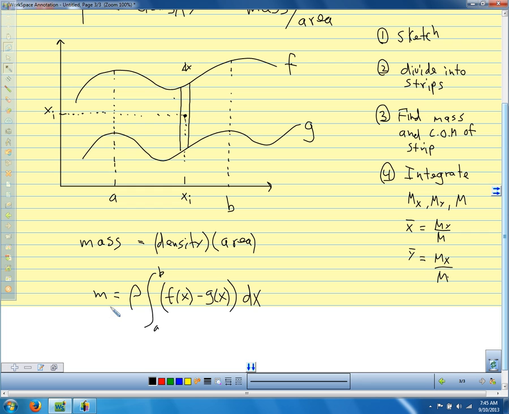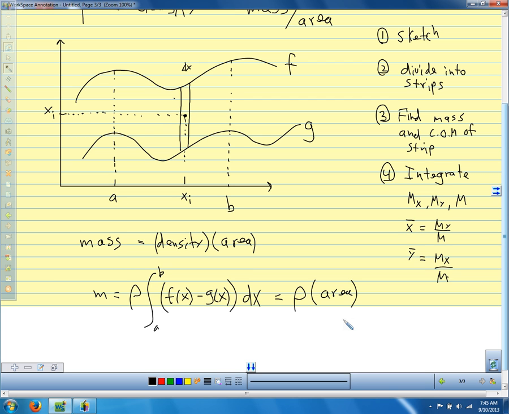The density, whatever my constant density is, usually the problem's nice and they say your density is 1. So the mass is just given by the area. The mass is proportional to the area. So this is just rho times the area of the region. So that's an easy integral. We know how to do that one already.